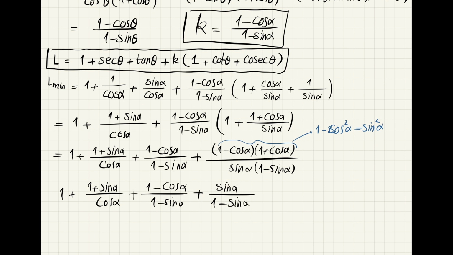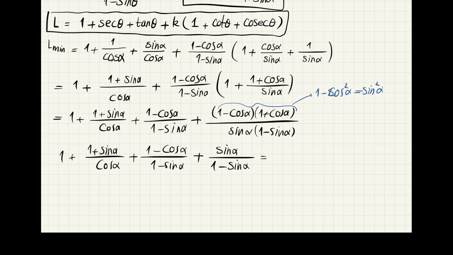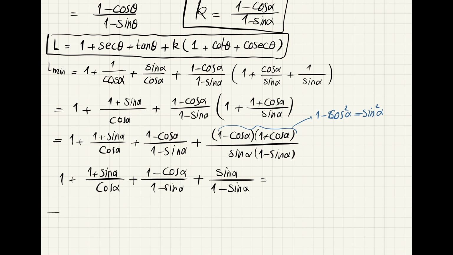Now this is something we have to simplify, so I think the common denominator is probably a good choice. So if you don't mind, let me go below. This becomes cosine alpha times 1 minus sine alpha as the common denominator. So the first one becomes this, the second one just becomes this.